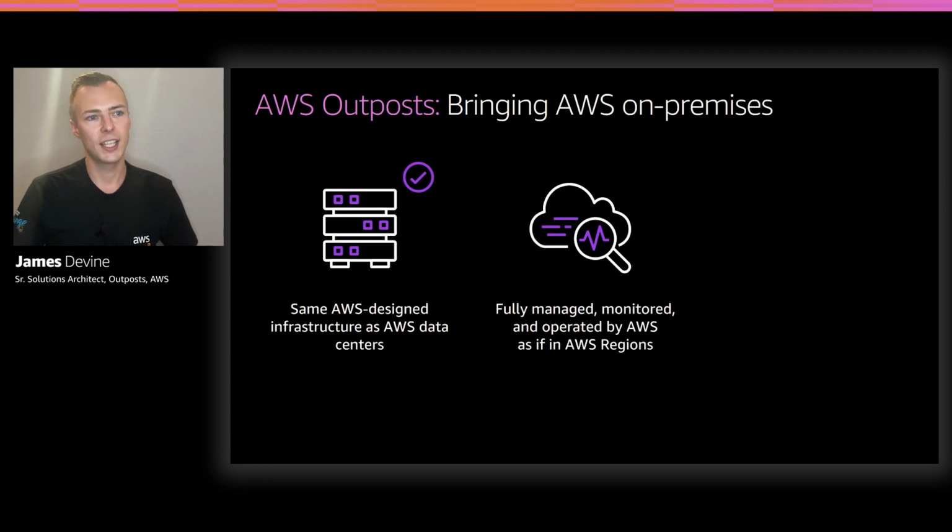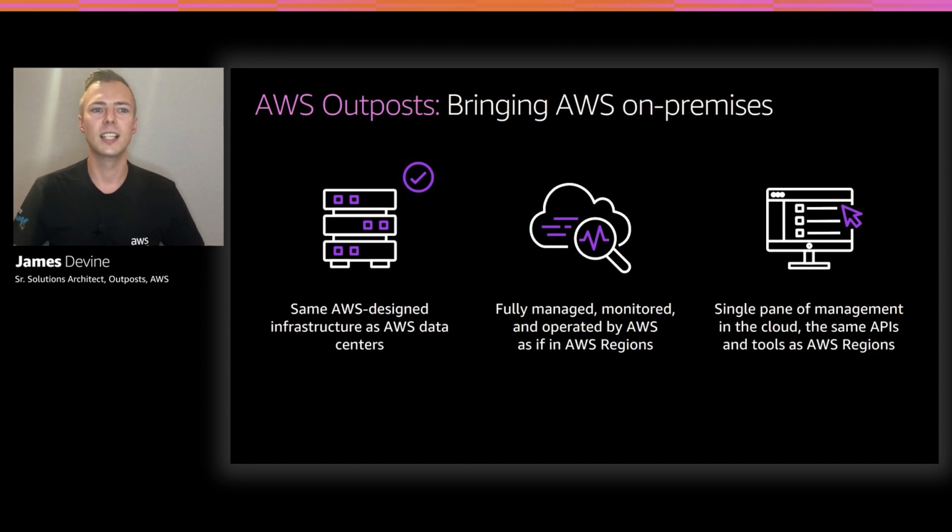It's fully managed, monitored, and operated by AWS as if it was a part of our region. So a lot of the on-premise management and the way you traditionally work with hardware, you don't need to worry about. It's more akin to using the AWS management console where you don't need to manage individual physical servers or worry about underlying things like storage arrays and that type of on-premise components.